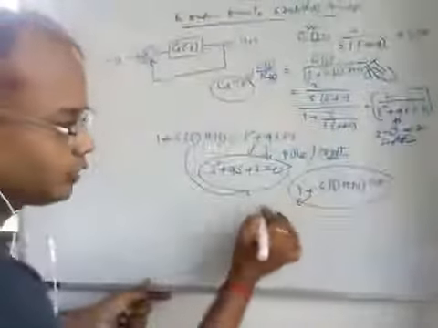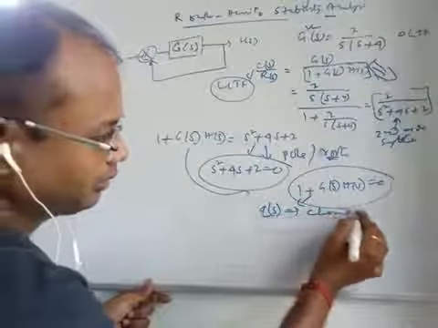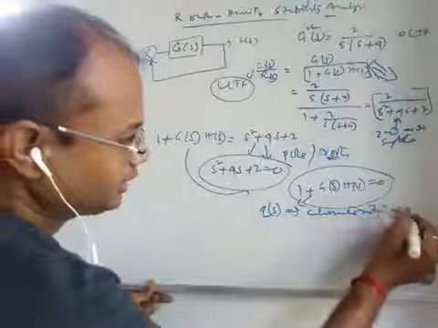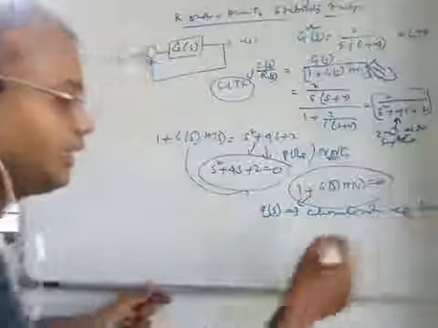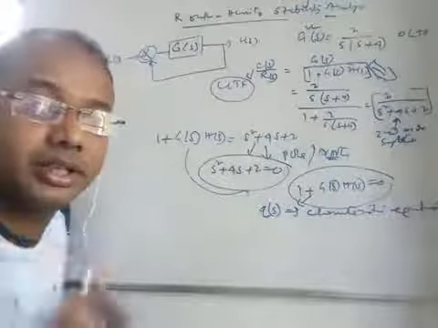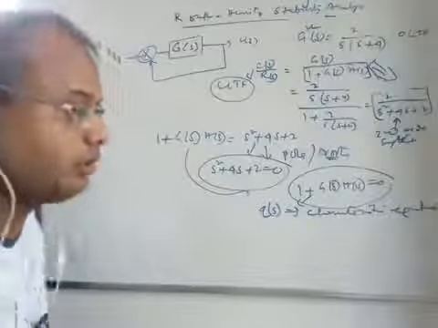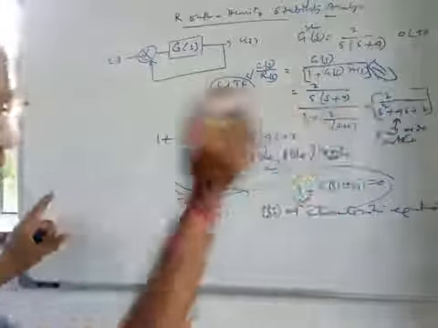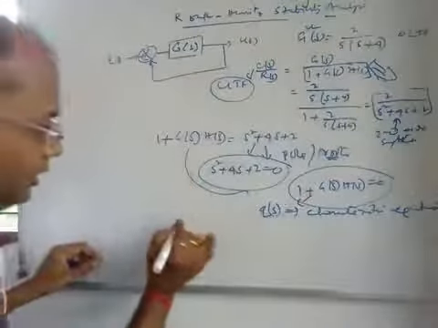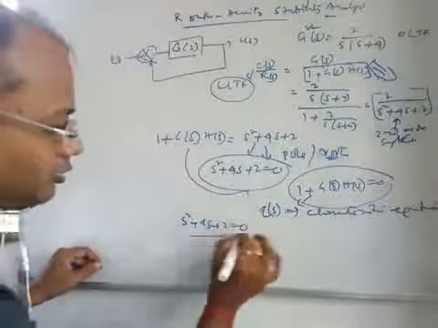So this is known as Q(s), or the characteristic equation. In order to get the poles or roots of any system, that means to get the stability, you need to find the characteristic equation first of all. So the characteristic equation we get is s squared plus 4s plus 2 equal to 0, right?